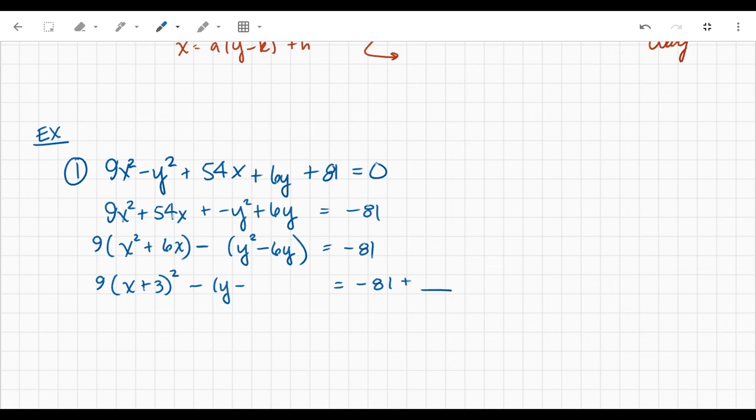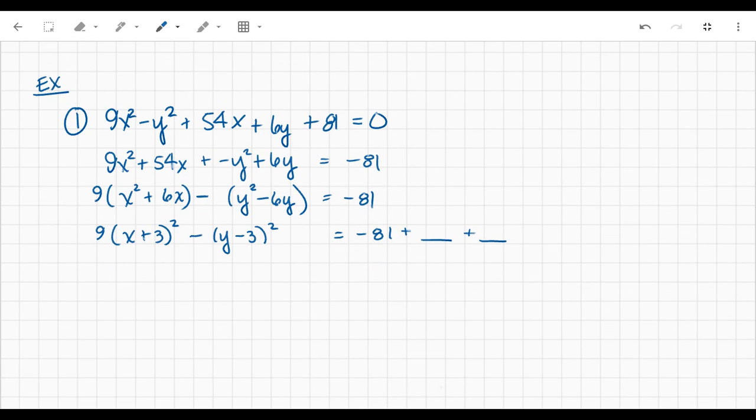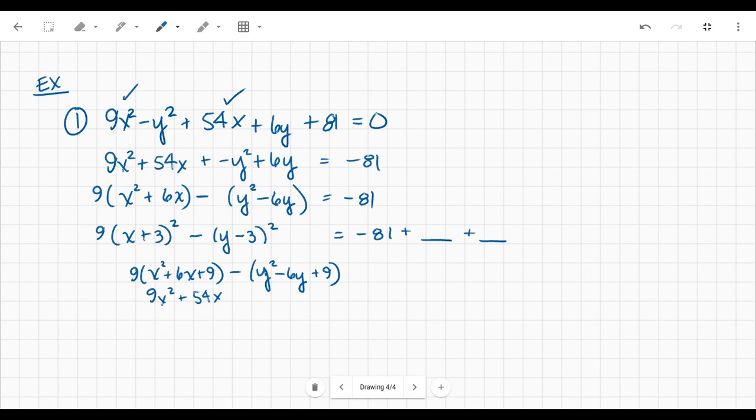And then this one will be y minus 3 squared, and it will also cause me to add something there. Again, to figure out what you added, you expand it. 9 times x squared plus 6x plus 9 minus y squared minus 6y plus 9. So I have 9x squared plus 54x plus 81.